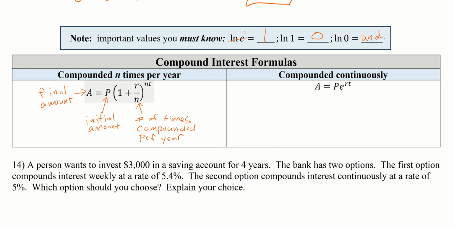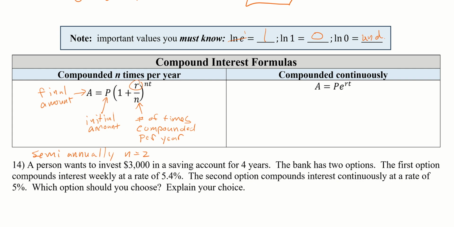So you'll have stuff like monthly, which would be 12, or daily, 365. One that I noticed my students get tripped up on is semi-annually. Semi-annually, the n value would be 2.